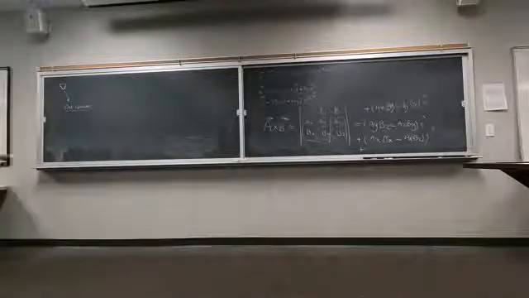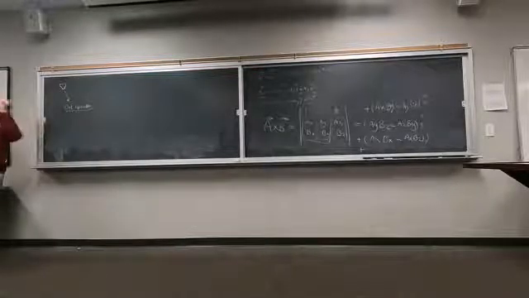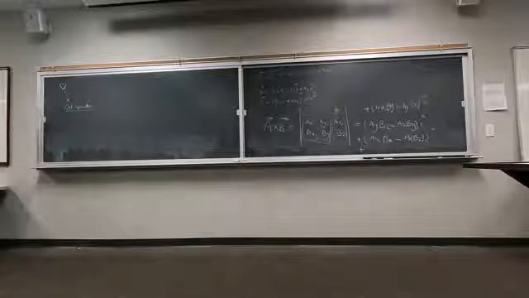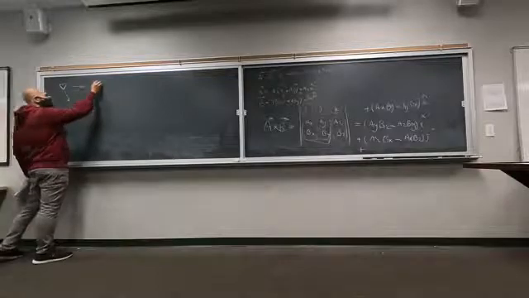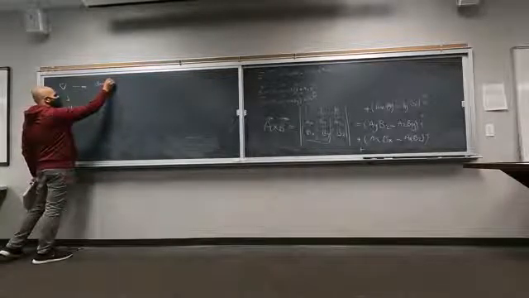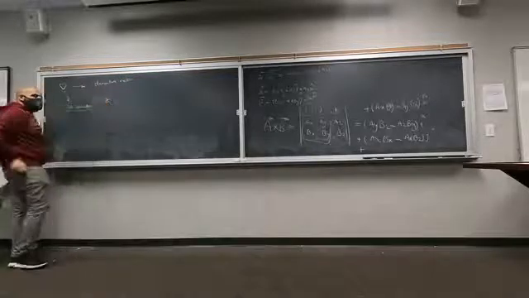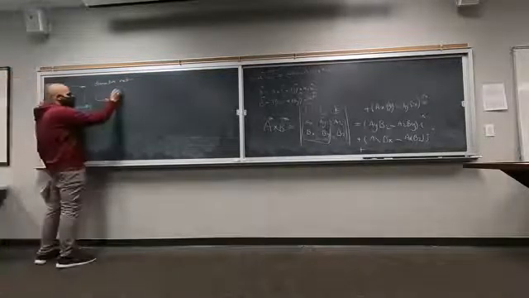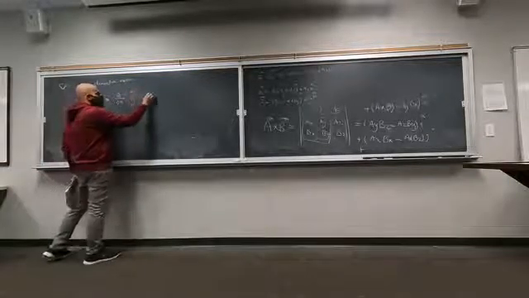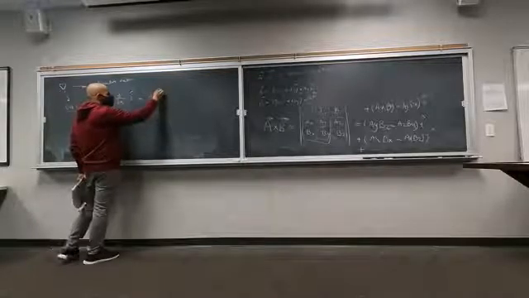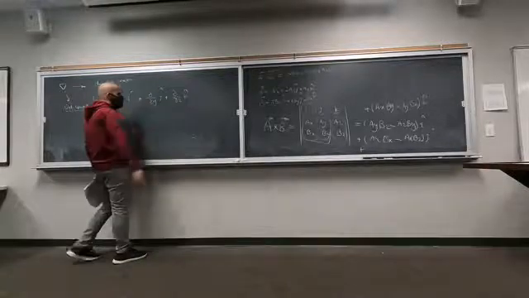How many people have not seen this before? Hopefully none. The del operator, right? You may not remember what it does, but hopefully you have seen this. So this is the derivative vector. In Cartesian coordinate system, what it means is that we get partial x i, partial y j, and partial z k.